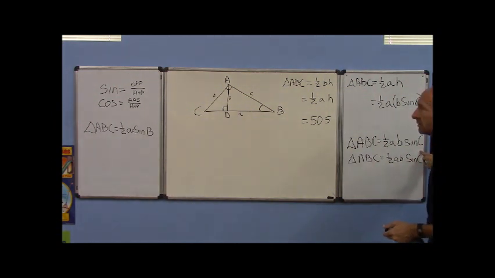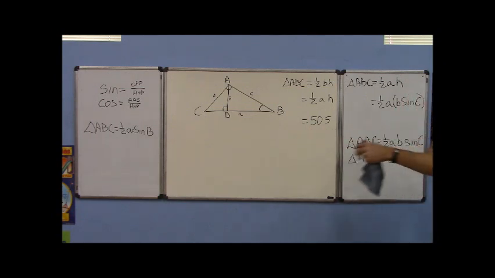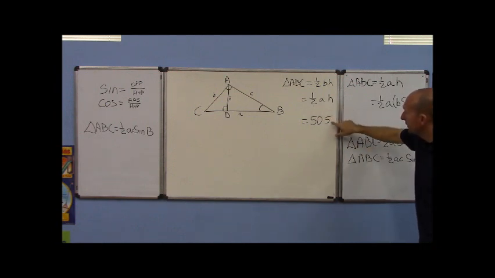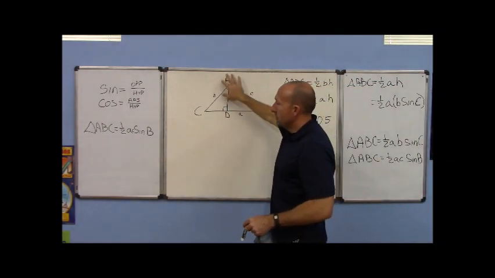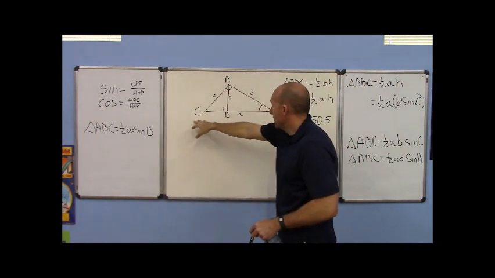I wrote these down wrong; this should be C, this should be B. Because all we're doing is substituting the same information, even though we go about it a different way, we still get the same answer. But again, we're not going to be using angle A. We'll only be using C or B.